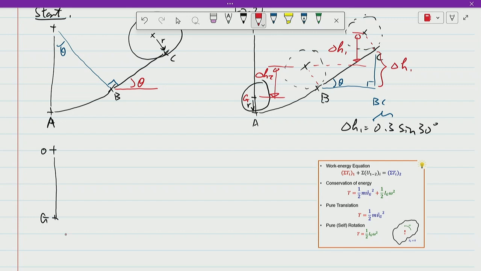Now, we know this distance OG, which is basically just OA minus R. If we look relative to B, so this would be A, on the right would be B, this is also OG, because it's like a quarter pipe, 1/8 of a circle.